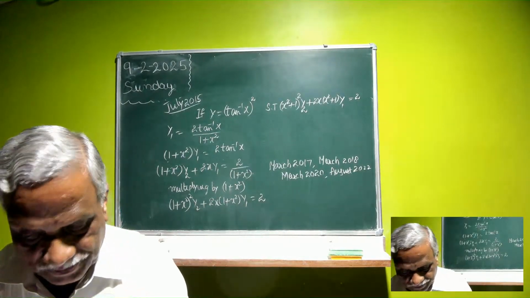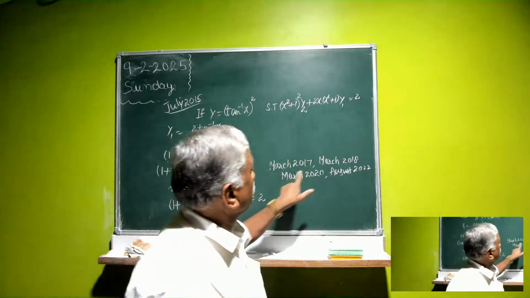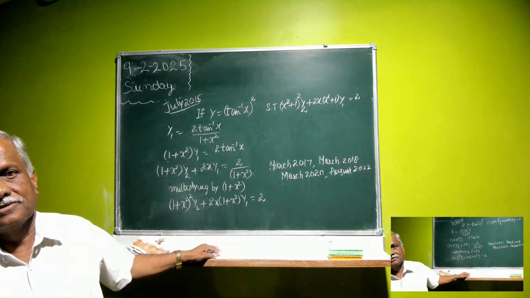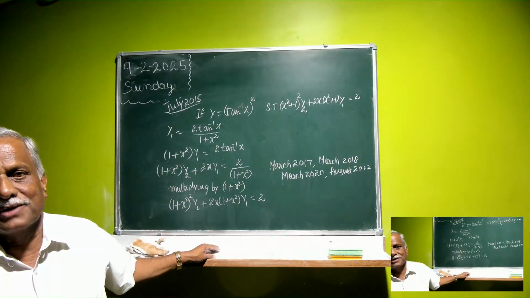So these, 1, 2, 3, 4 plus this, 5 years. So they are repeating the questions a number of times.